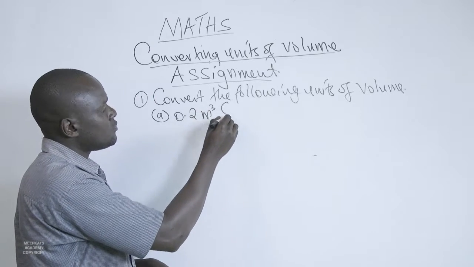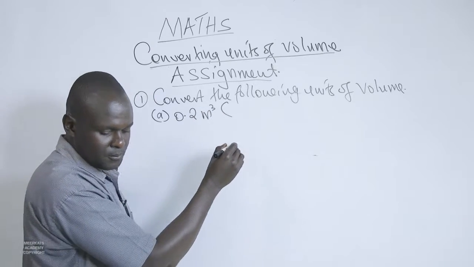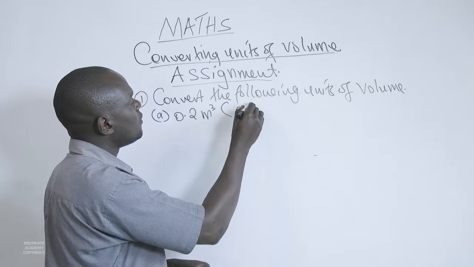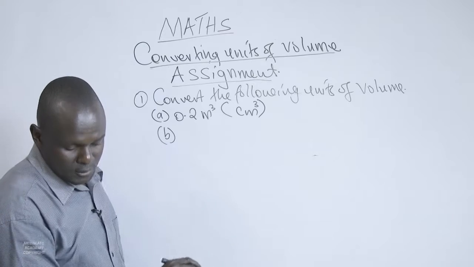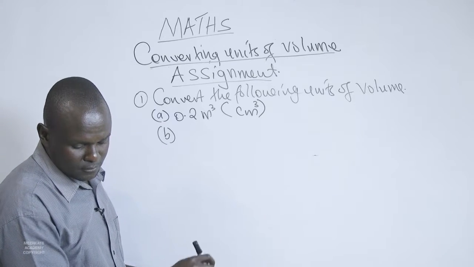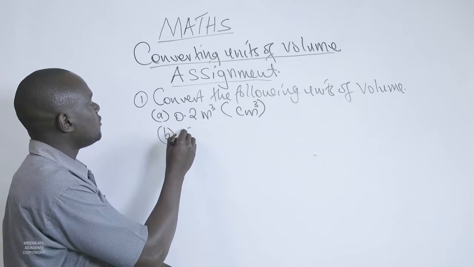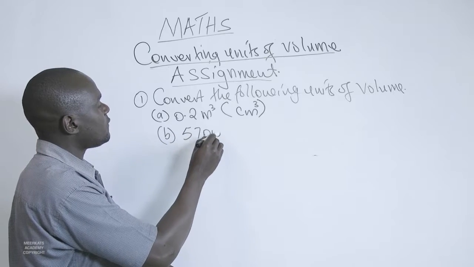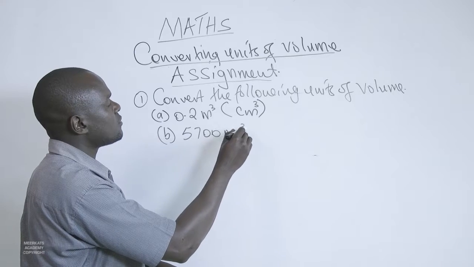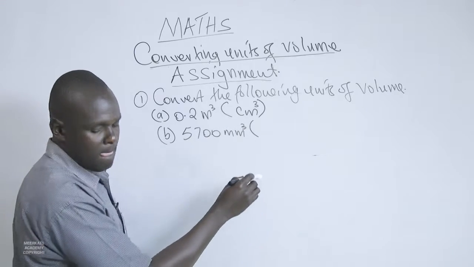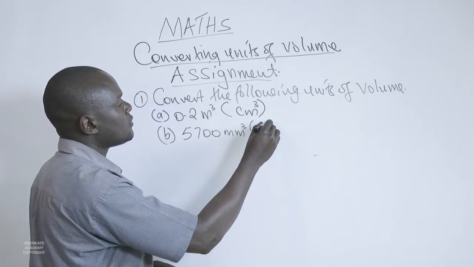0.2 cubic meters to cubic centimeters. We also need to convert 5,700 cubic millimeters to cubic centimeters.